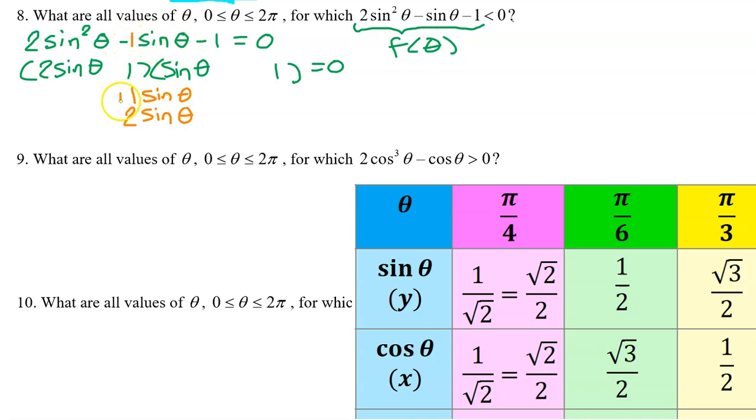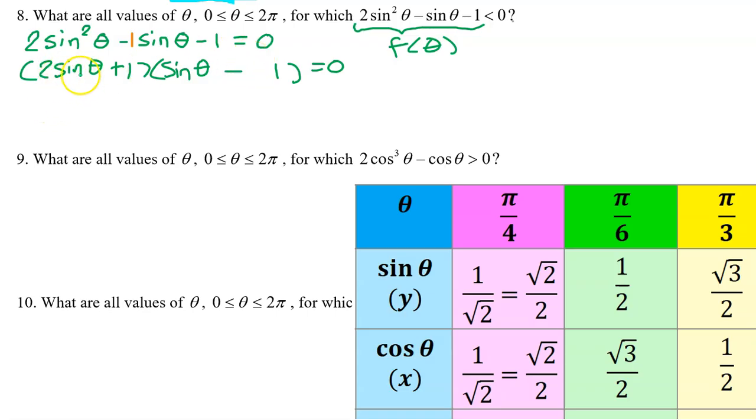So that means we need +1 sine theta and -2 sine theta to make negative 1 sine theta. So that tells us that we need a positive here and a negative here. Also notice that positive 1 times negative 1 does equal negative 1. Once you have factored form, you set each factor equal to 0 and you solve.